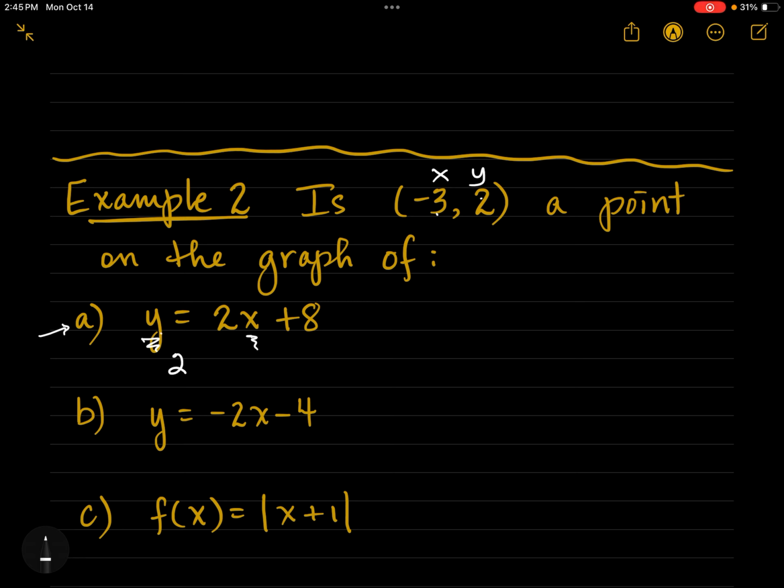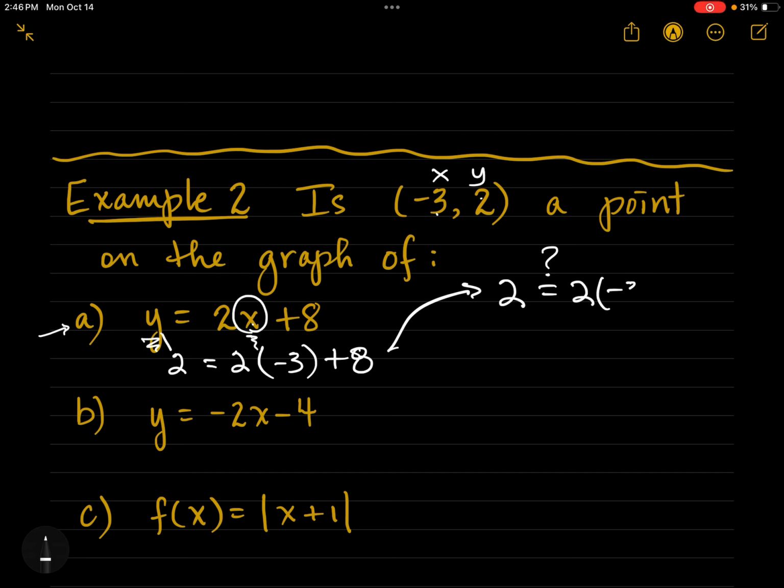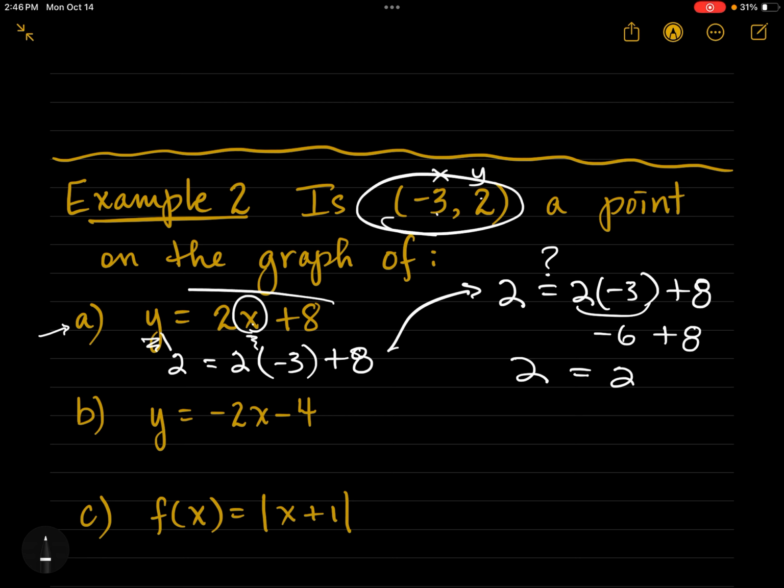So I'm going to plug 2 in for the y, and I'm writing everything else the same. Where x is, I get -3. And if I simplify this, I'm saying, does 2 equal this side right here? So if I do this, I get -6 plus 8, and that equals 2. So that means that this point is on this line.